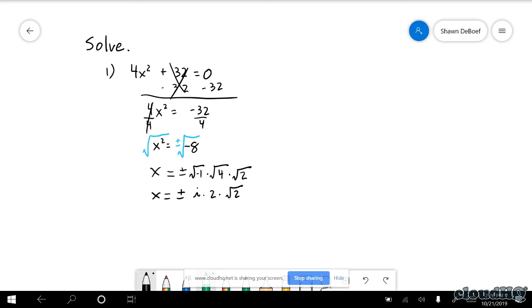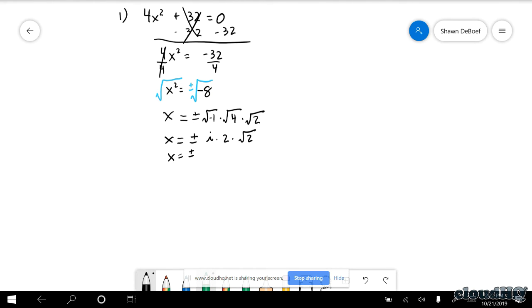The order in which we want to write these: the coefficient or the integer first, that's the 2 first. Then the i comes before the square root. The square root goes last. So plus or minus 2i square root of 2. So there were 2 answers: 2i square root of 2, and negative 2i square root of 2.